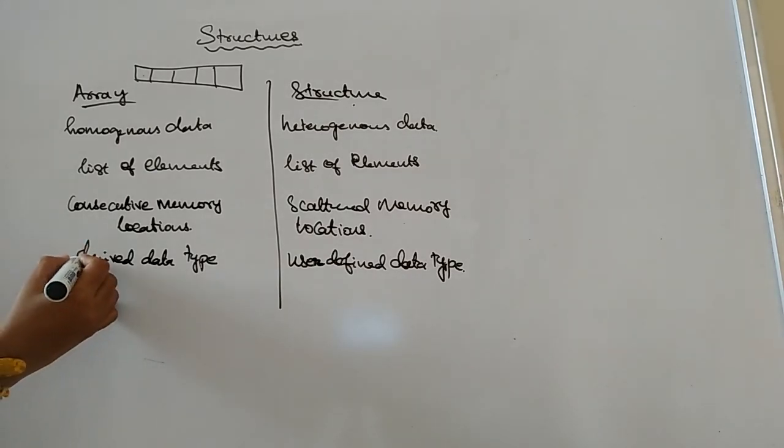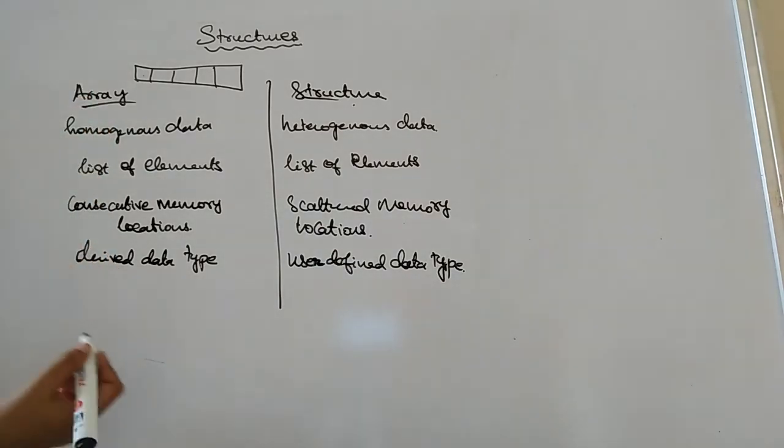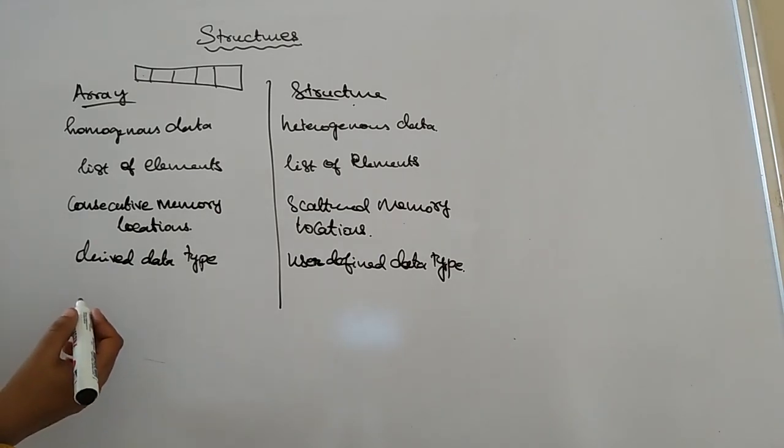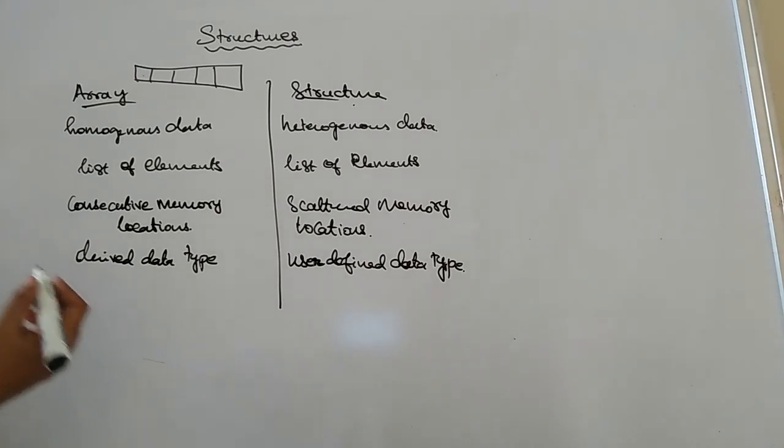Why do we call an array a derived data type? The reason is that the basic data types are integer, float and characters. By using those data types, we derive the data type of an array.